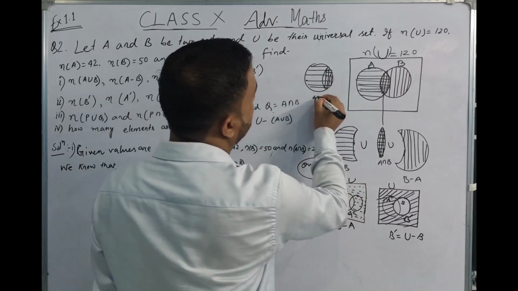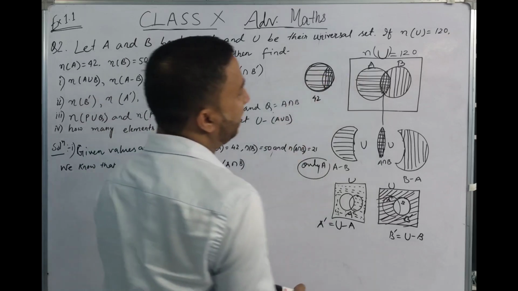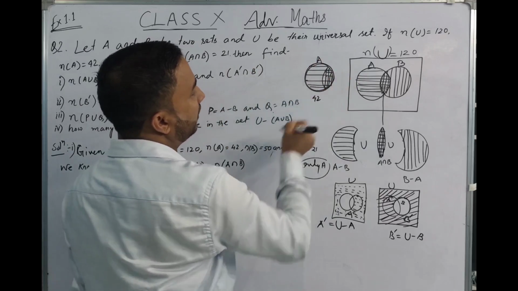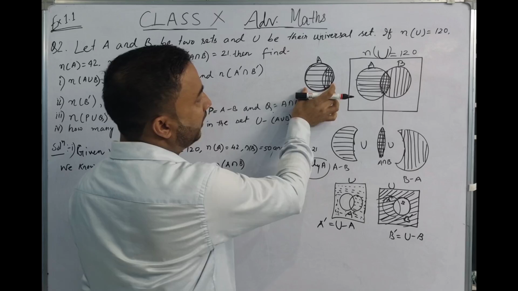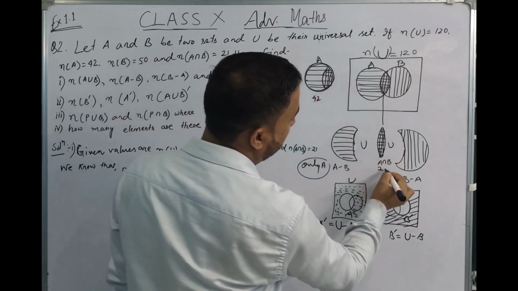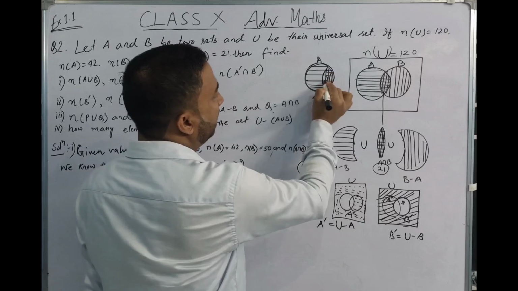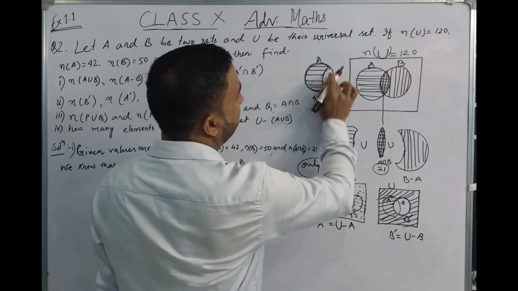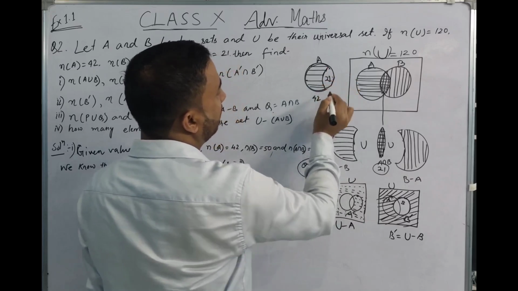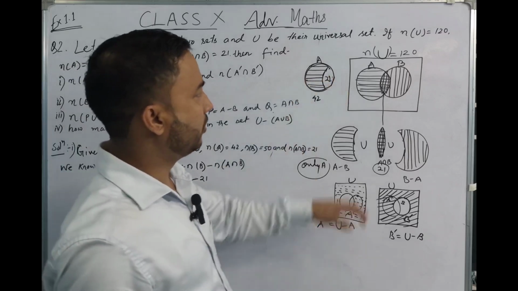Because we have 42 elements in the set A. Out of these 42 elements, 21 elements are given to us as the intersection. These 21 elements are not only in A, they are also in B, because this part is of B also.